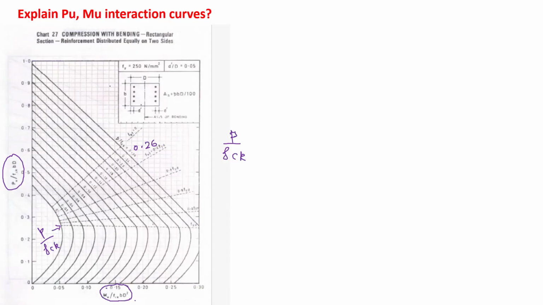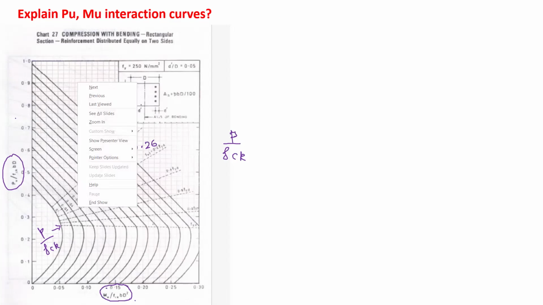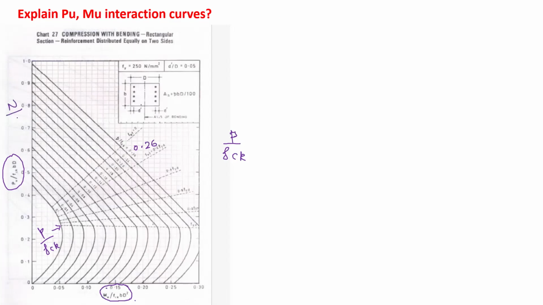Now, if you calculate PU upon fck bd, then you have PU in Newton, fck in Newton per mm square, b and d in mm, and the mm gets cancelled with mm square, Newton gets cancelled.